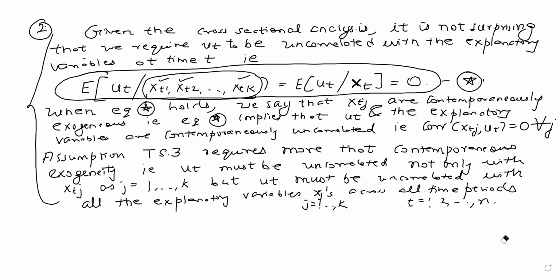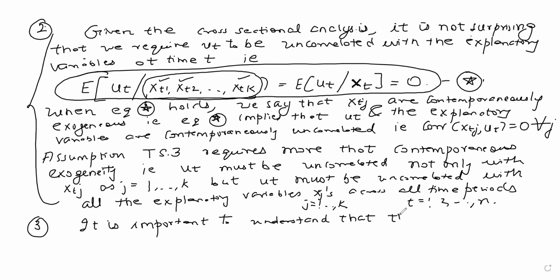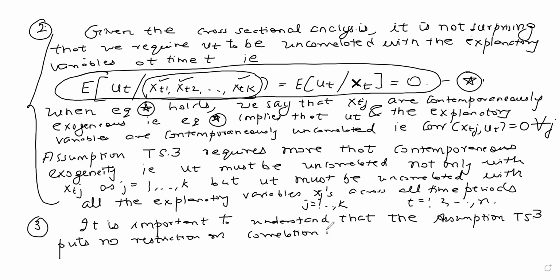The third point is telling us it is important to understand that the assumption TS3 puts no restriction on correlation in the independent variables, or in the ut across time.